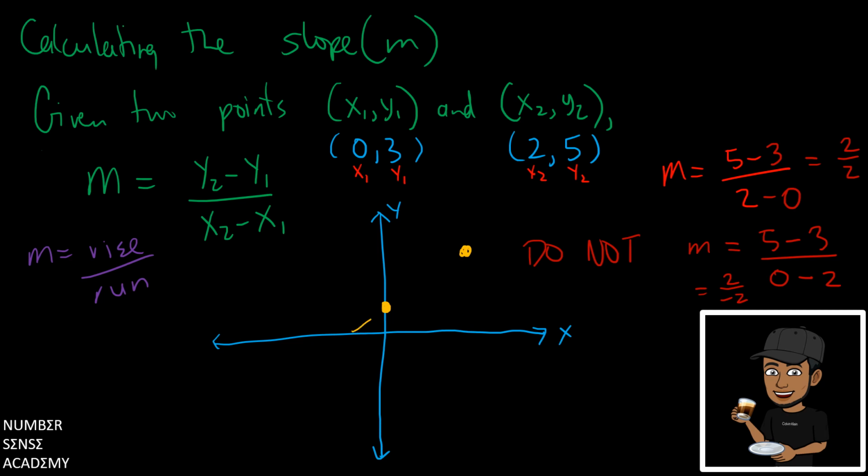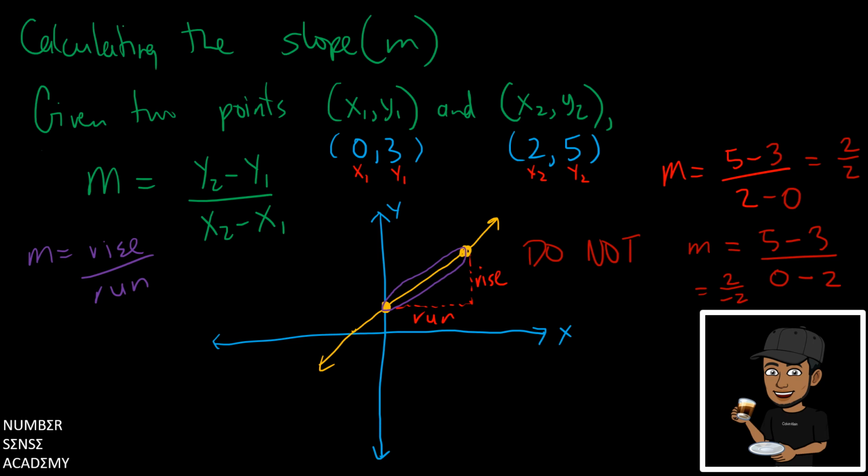If I connect these two, there's my line. This is my run, and this is my rise. The part that I'm interested in, the slope, is actually the diagonal part.